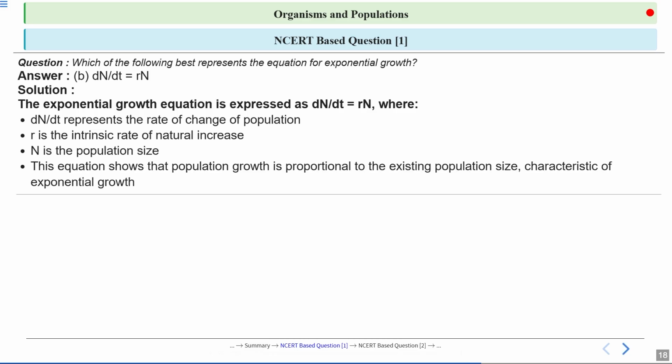So this equation shows that population growth is proportional to the existing population size, which is characteristic of exponential growth. It is important to understand that this type of growth assumes unlimited resources, which isn't always realistic in nature. However, this model is useful for understanding potential growth patterns.